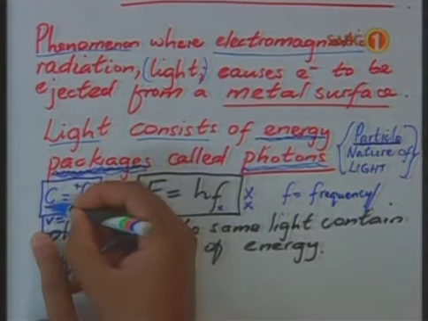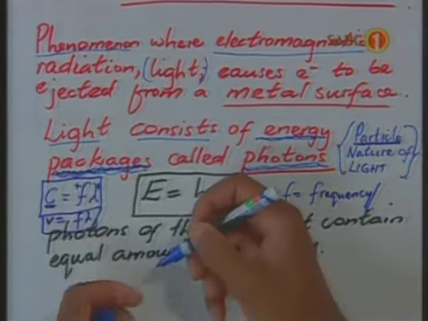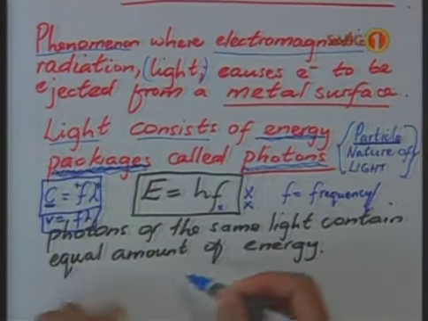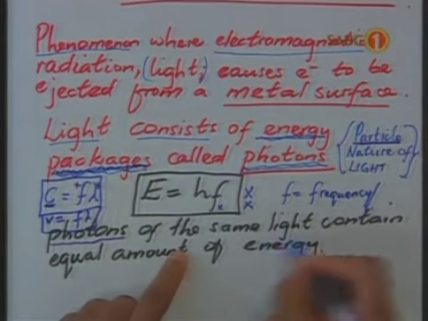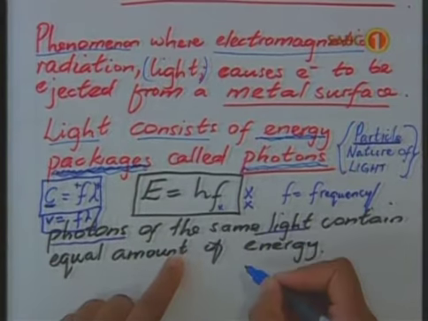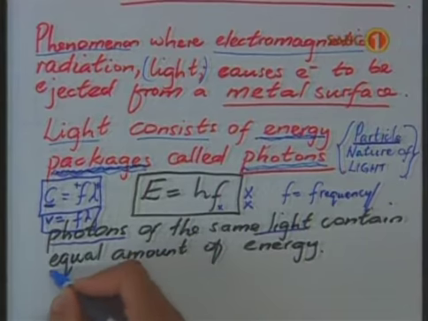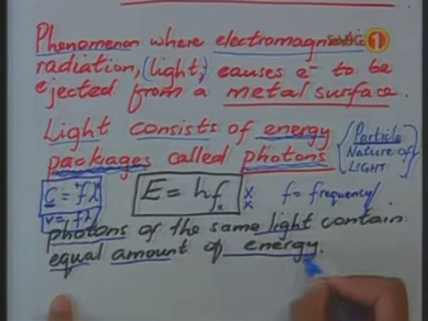Now, when do we make use of c? c is the specific speed of light, and we call it c. It is a constant. It is 3 × 10⁸ meters per second in a vacuum. Now, when we say that these photons of light are making up the light and they contain energy, we say that this energy is the same for every photon of the same light.